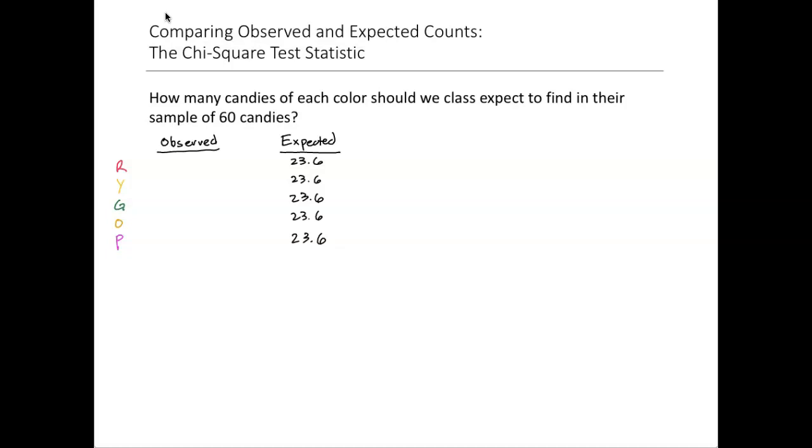All right, so we got 31 red. Yellows? All right, 3 plus 1 plus 3, plus 0 plus 3 plus 5. 15.